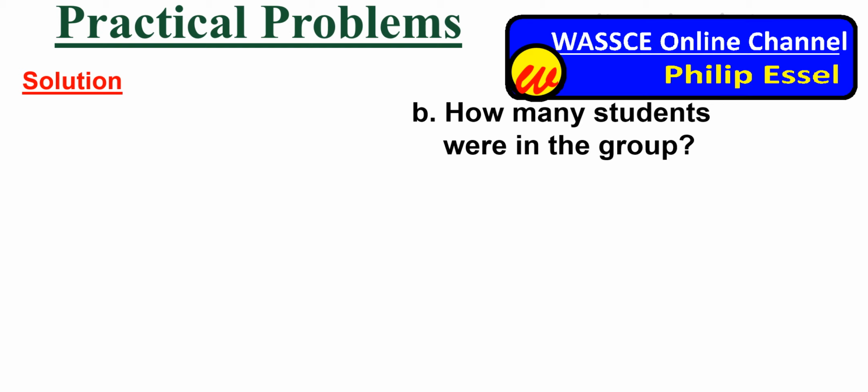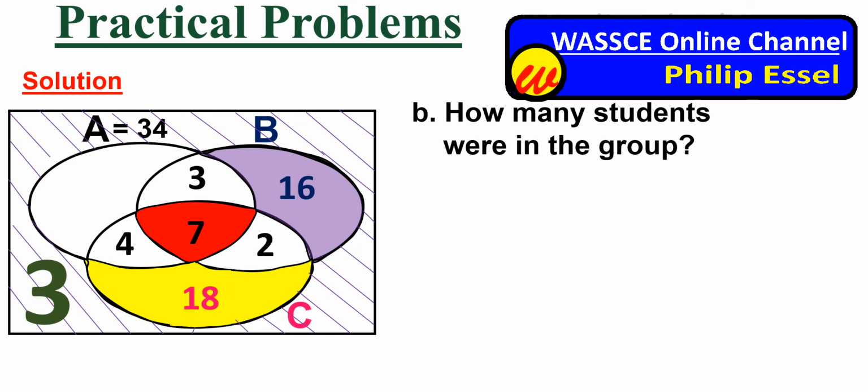So first we will draw our Venn diagram. Let's also remember to write the value of a only in this Venn diagram. Remember, we solved for this value in our question before this particular question. So let's write it in the Venn diagram. It was 20. At this point, we can add all the various regions within this Venn diagram to arrive at our answer. So let's quickly do this.